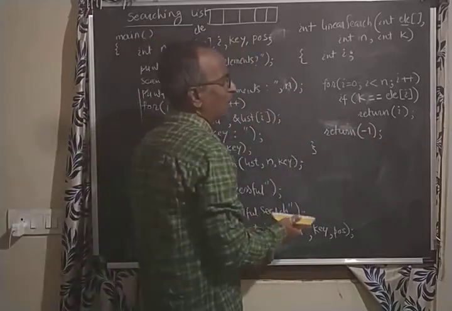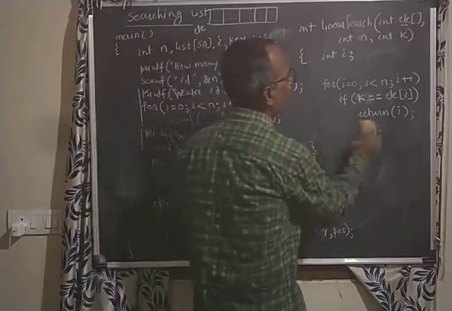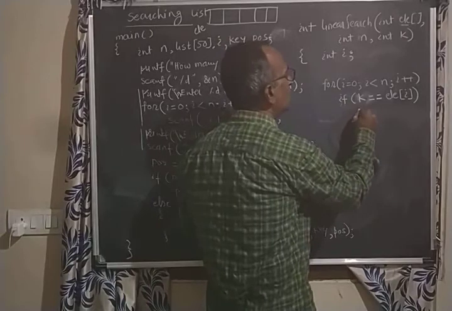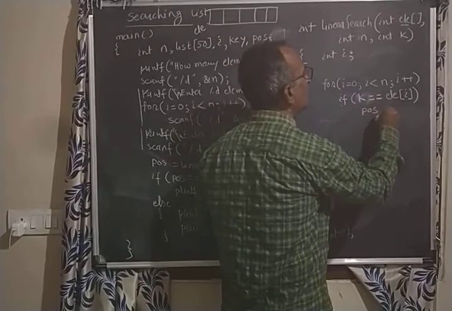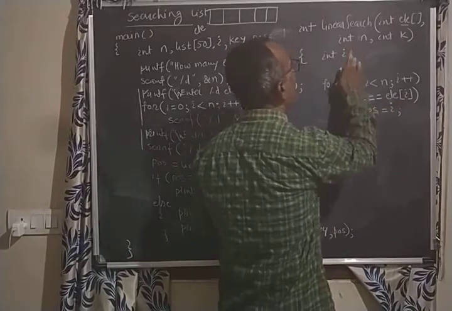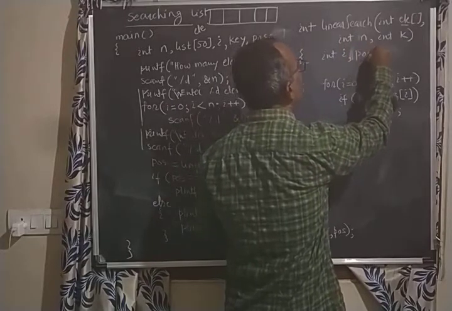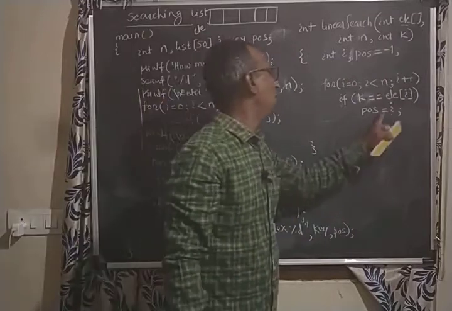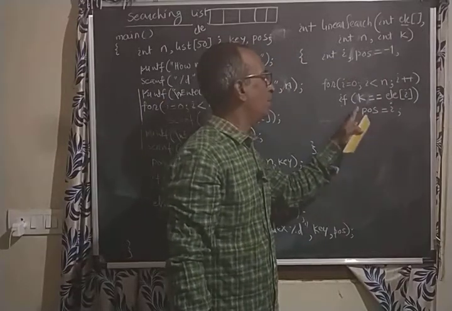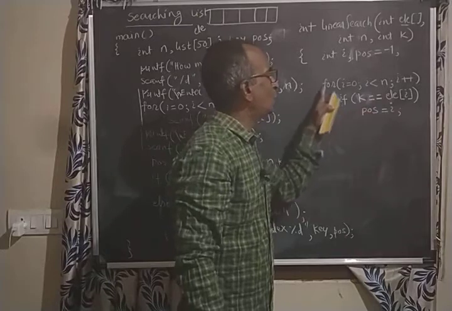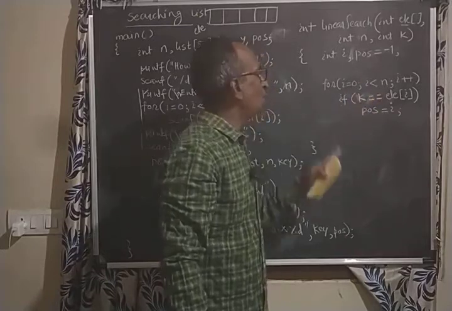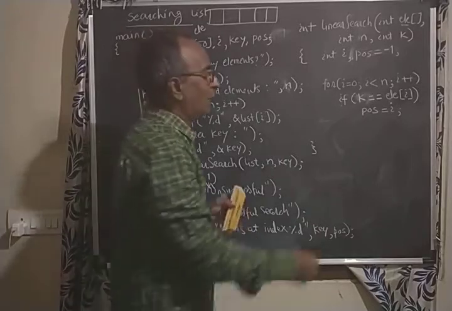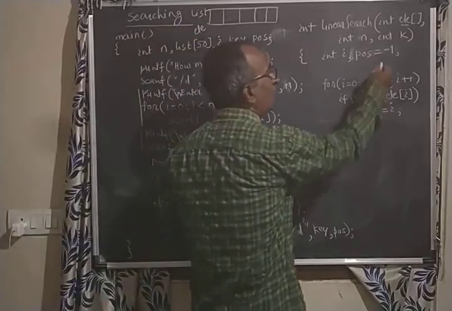Or else, for clarity's sake, what we can write is this: we are setting position, and position is given I, and position we will take initially as -1. I will be given to position. When do you return this -1? When it is not setting this position.